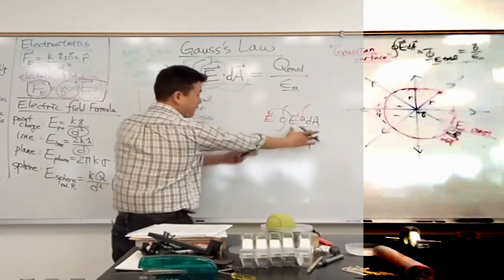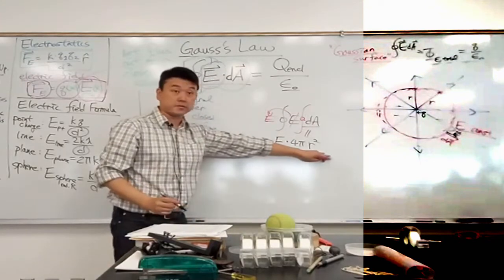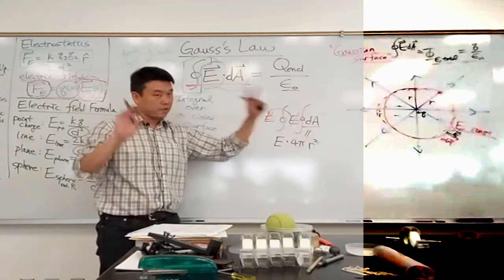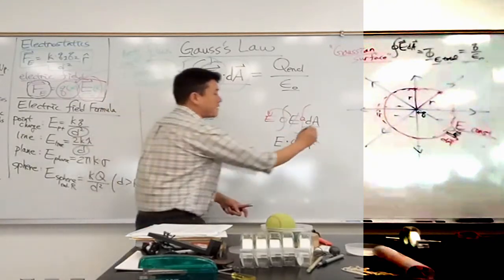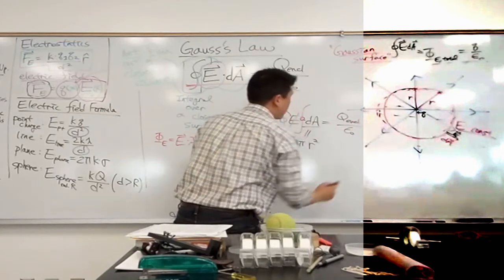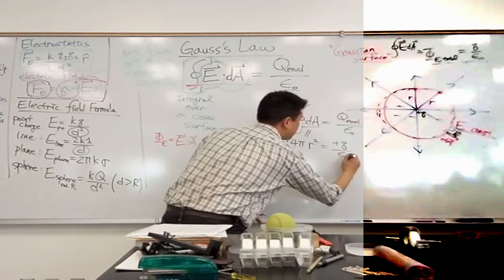So this is the left-hand side of Gauss's law: electric field times 4 pi r squared. We have gotten electric field outside the integral, and we have done the integral. The right-hand side of Gauss's law, Q enclosed over epsilon naught, becomes plus Q over epsilon naught.